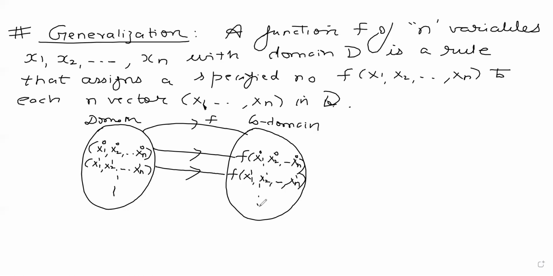So now my domain consists of a vector in the nth dimension, and you can see the image will be nothing but a real number f of x1 zero, x2 zero, xn zero and so on. These are all real numbers in the codomain. So the generalization, I hope every student has understood this.